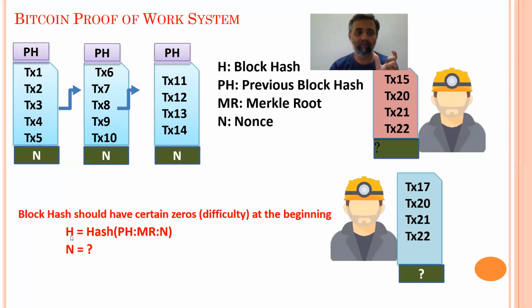If the first 10 bits are 0, then he will be the winner. If not, then he will randomly select another nonce value and again compute the hash code. If he finds the desired prefix of zeros, then it's okay. Otherwise, he will repeat the same process again and again. In this way, the proof of work mechanism is used in the Bitcoin network.